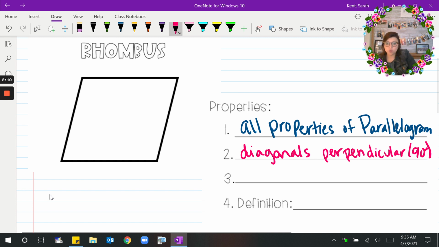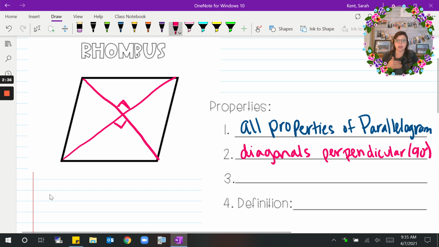So if I draw one diagonal, and then another diagonal, those are not perfect, sorry, but they meet here, and this would be a 90-degree angle. These would be 90 degrees all around. So that's what I mean when we say diagonals are perpendicular. They cross at 90 degrees.